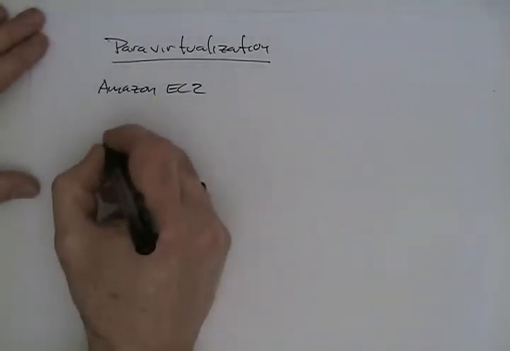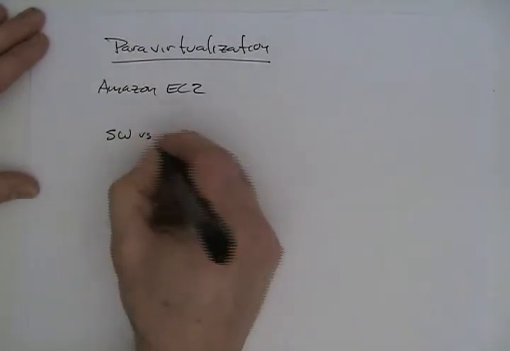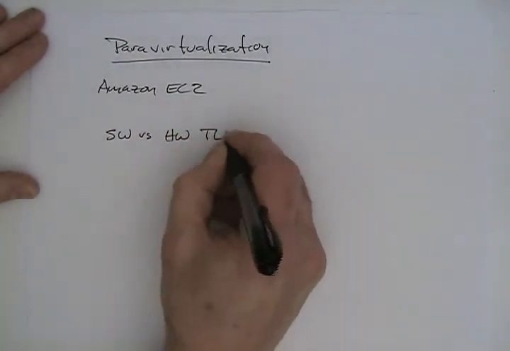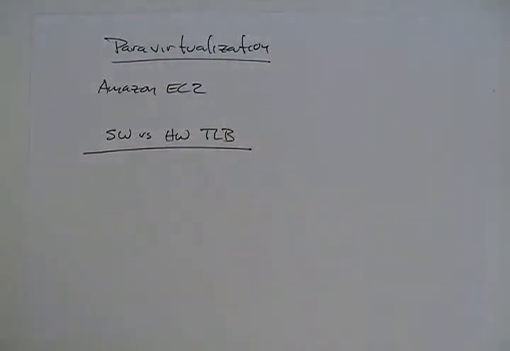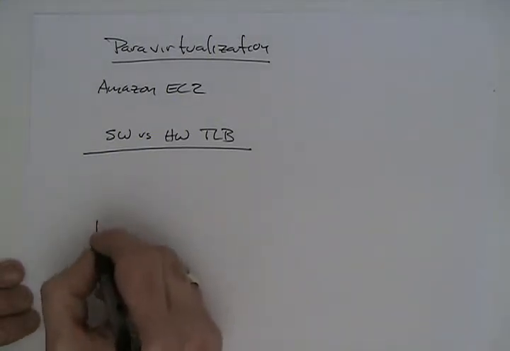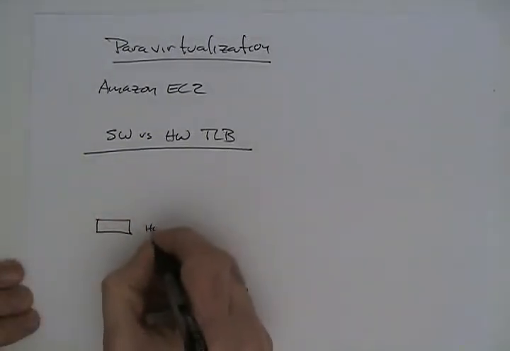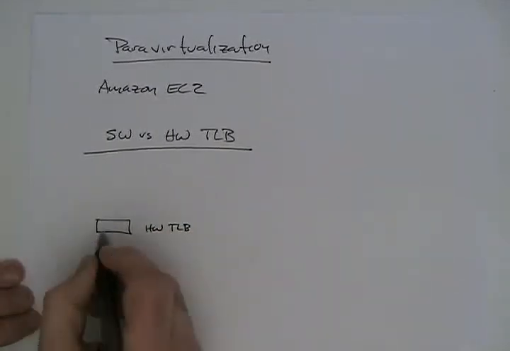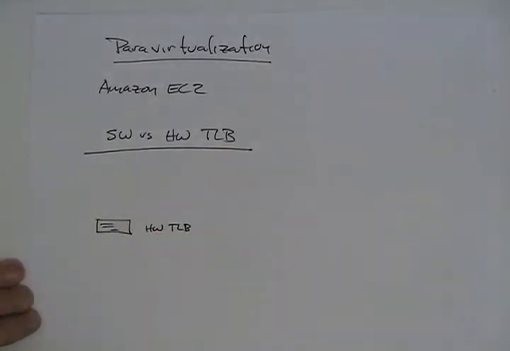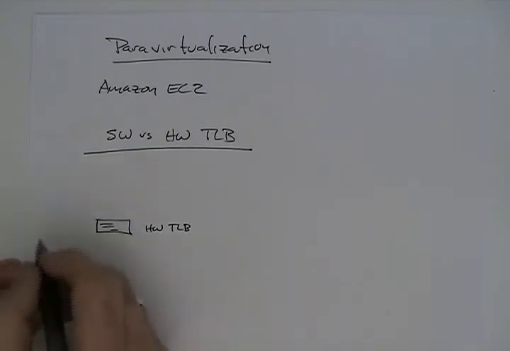There were some questions about software versus hardware TLB. So the hardware TLB holds the translations that come from the real page table, and that gets flushed every time we change address spaces.